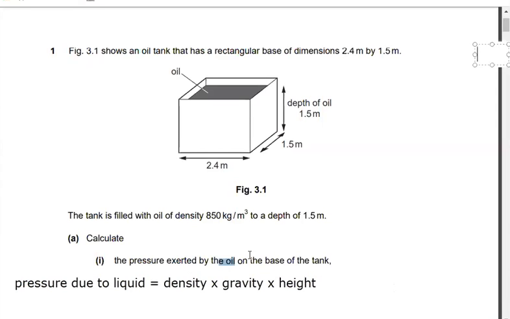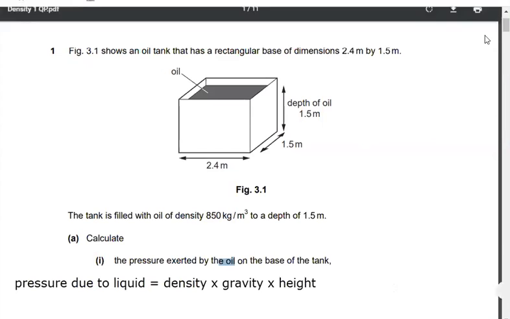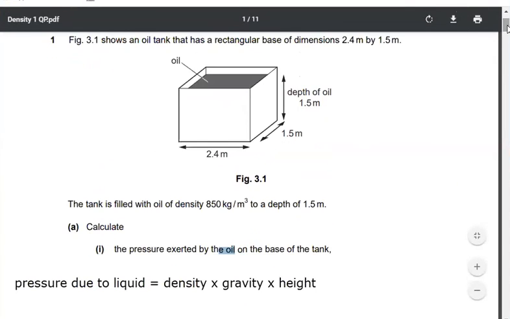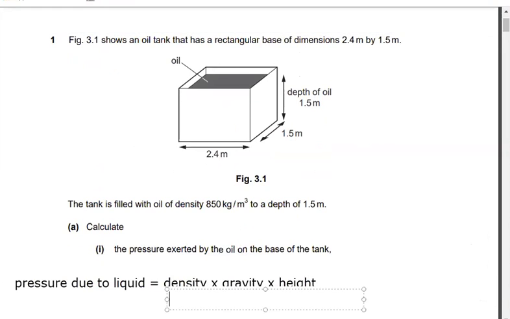So when I substitute the values, density is given to me as 850. So it will be 850 into gravity, taken as 10, into height, that is 1.5.